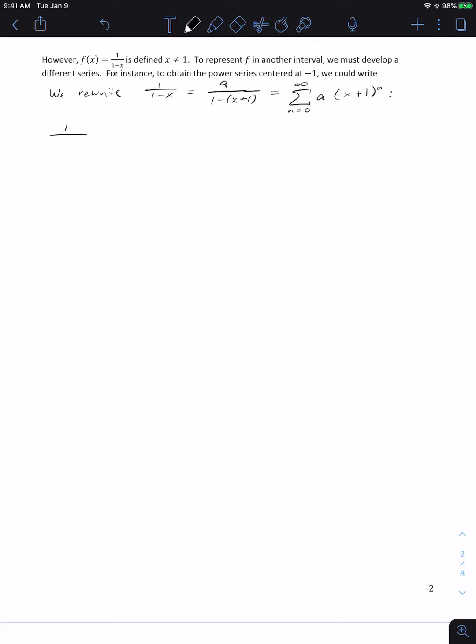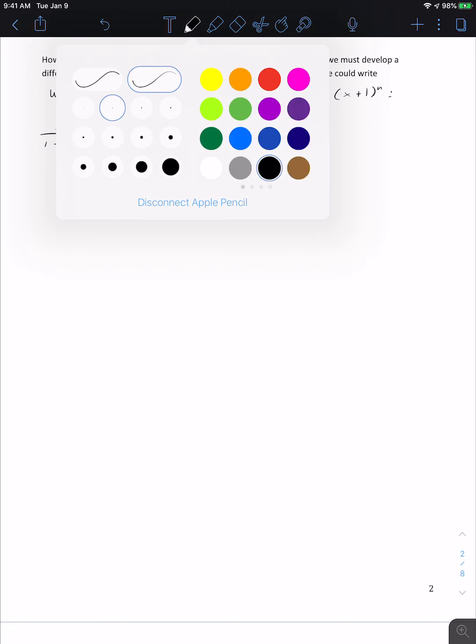Now this requires a little bit of algebra manipulation. So 1 over 1 minus x. I need to get x plus 1 in the denominator. I have 1 minus x, that's what I'm starting out with, and now I'm going to add and subtract things to try to get this.